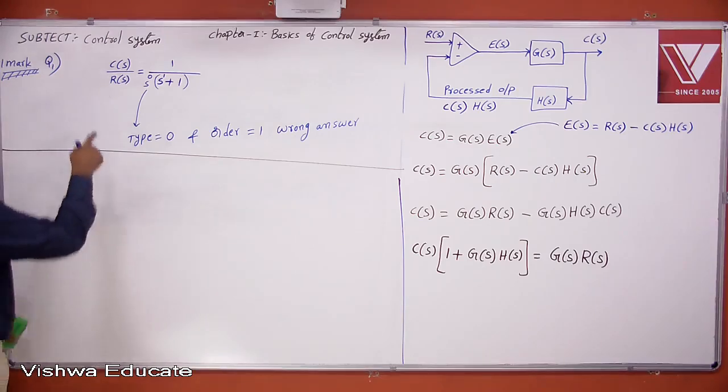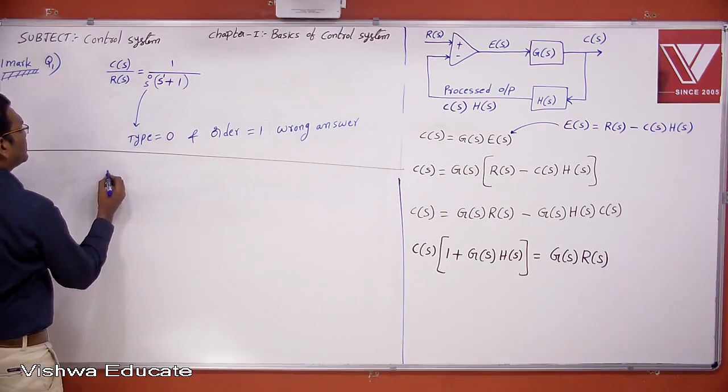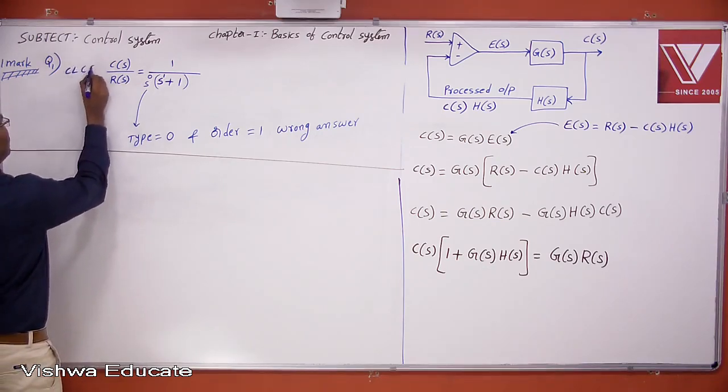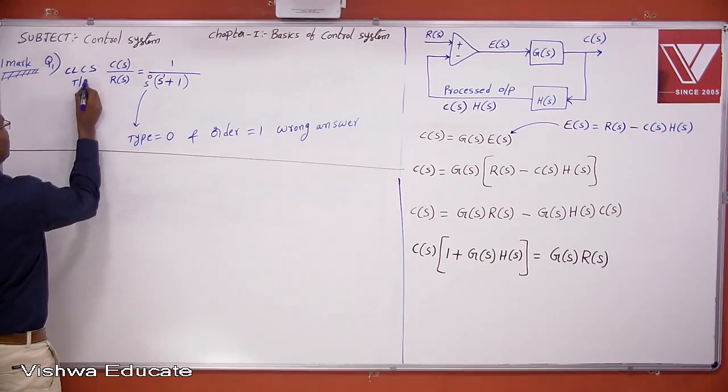Now see here, what is given? By considering the closed loop control system, this is the closed loop control system transfer function.